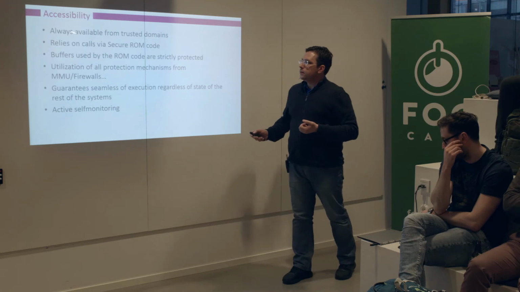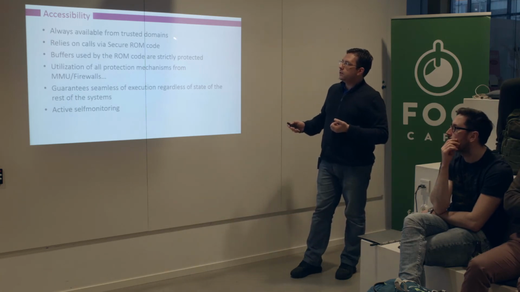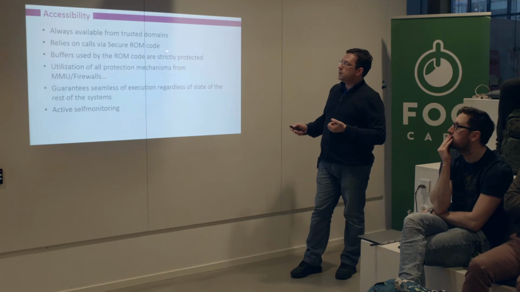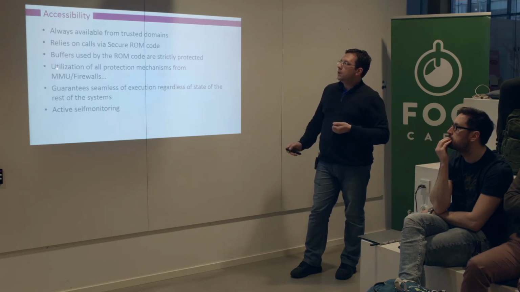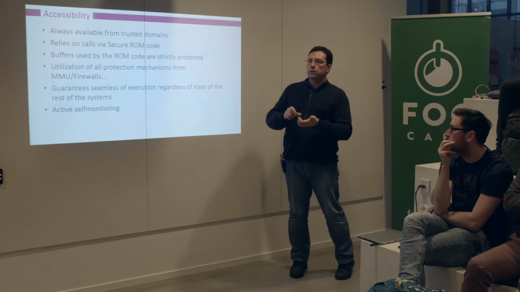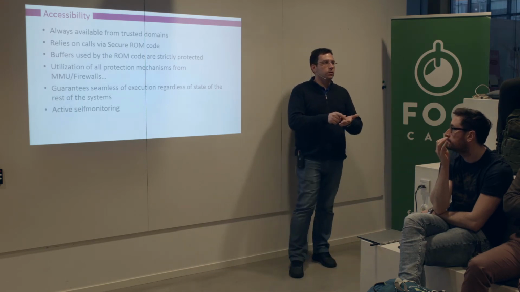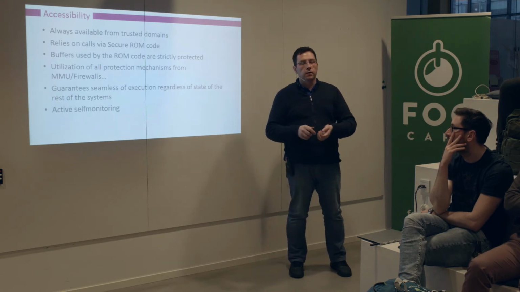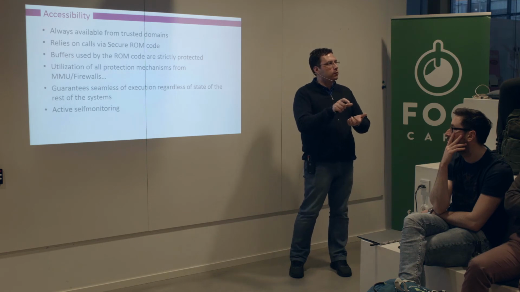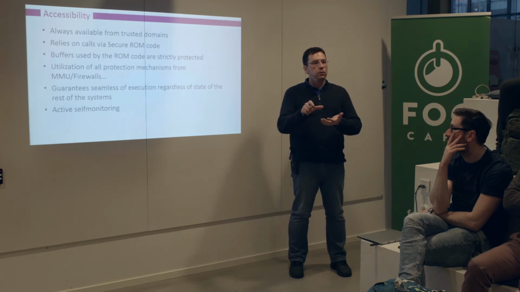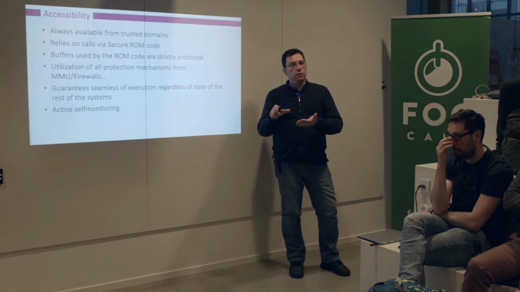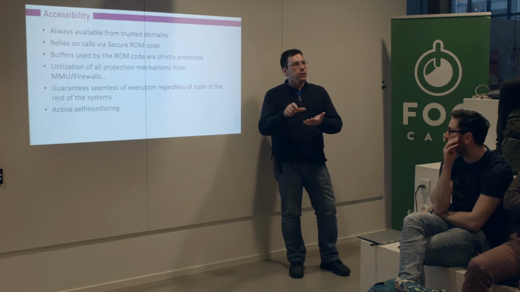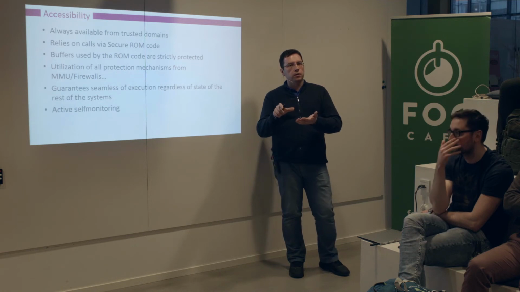The secure domains or secure hardware components are always available from trusted domains, and in many cases we rely on secure ROM code. Buffers used by the ROM code are also strictly protected. I will show an image later on that in many cases the ROM code is also, as you may imagine, an executable, but all the variables have to be placed in some kind of random access memory, and that random access memory and all the buffers have to be properly protected throughout the boot process and whenever we would like to use secure ROM functions.